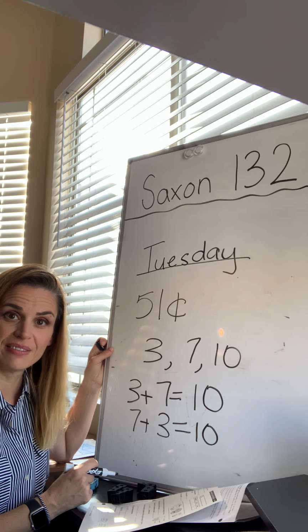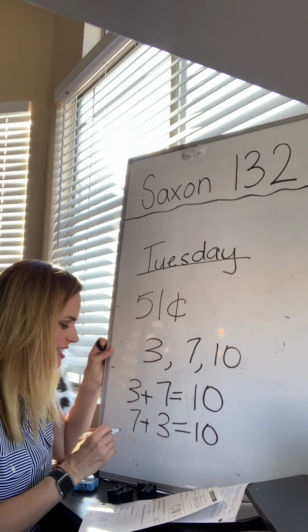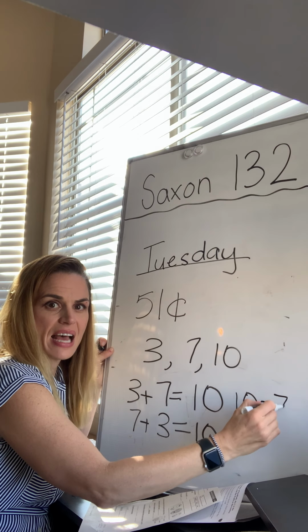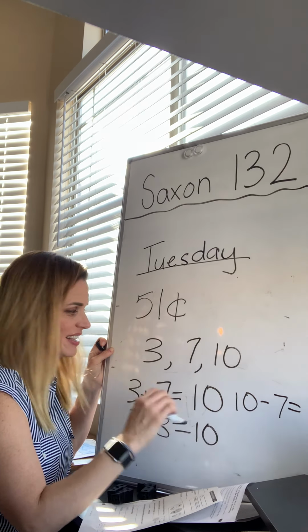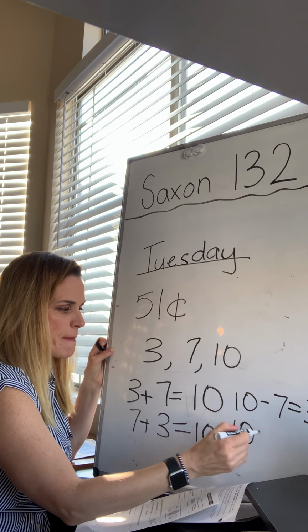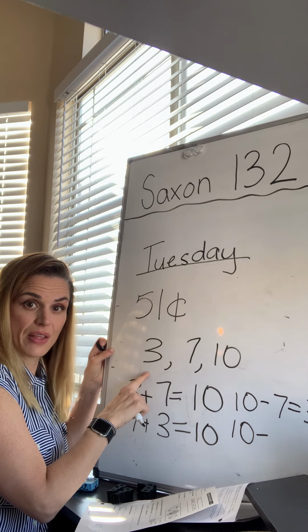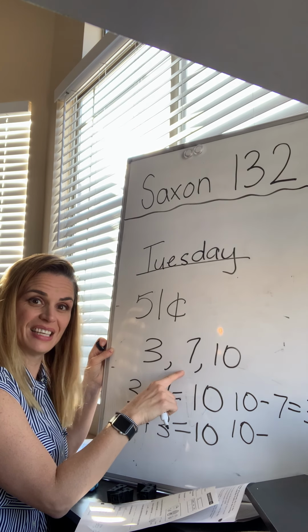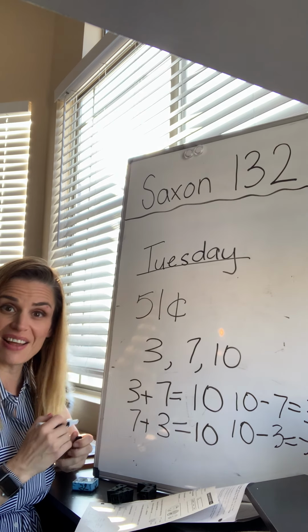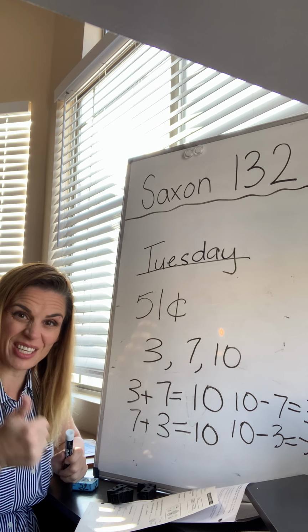Subtraction: 10 minus 3 equals 7. 10 minus 7 equals 3. Great at fact families.